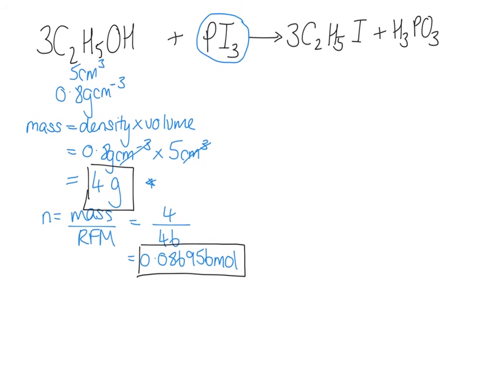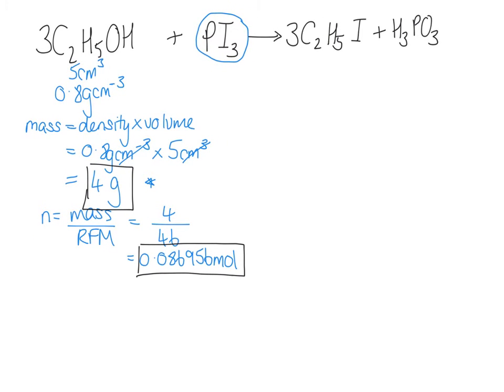Now, at this stage, we have to work out which is our limiting reactant. Is it ethanol or is it phosphorus iodide? So part 5 asks us to work out the theoretical number of moles of our iodoethane, and in order to do that, we need to decide which we're bringing over, the number of moles of ethanol or the number of moles of phosphorus iodide.